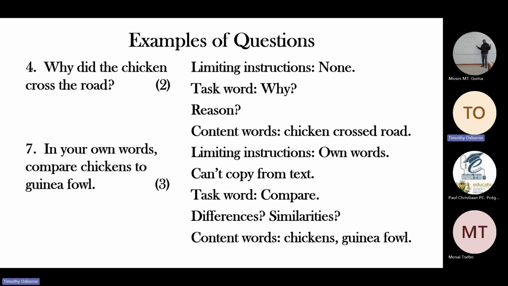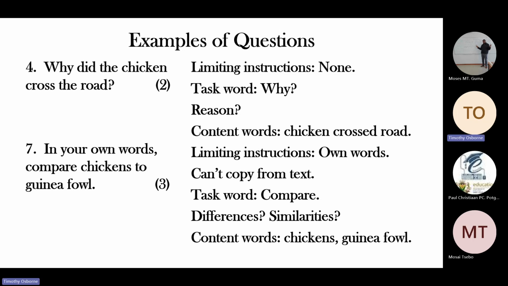Let's go on. What is our task word? The task word is compare. And if you think back to when we looked at this, it says you look for the similarities and the differences. Always when you encounter the word compare, it's a two-part exercise that you have to do. Then compare, okay, there it's differences, similarities.